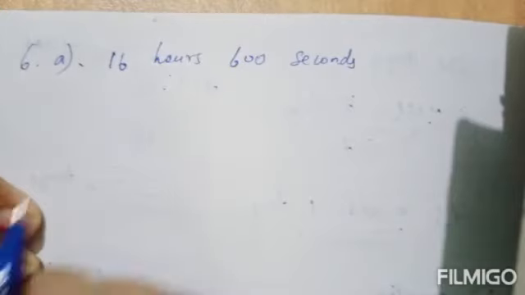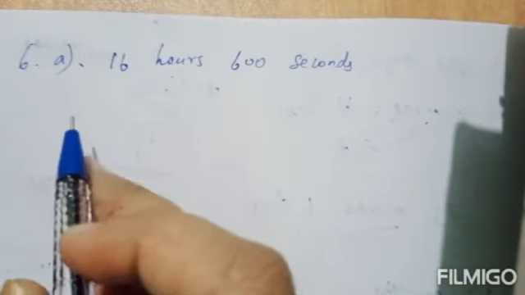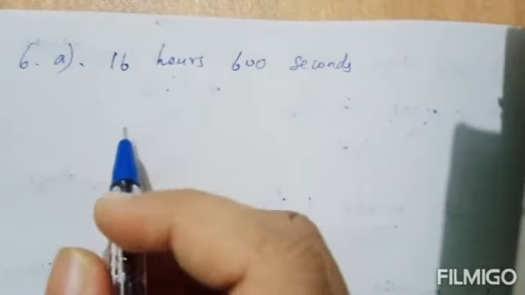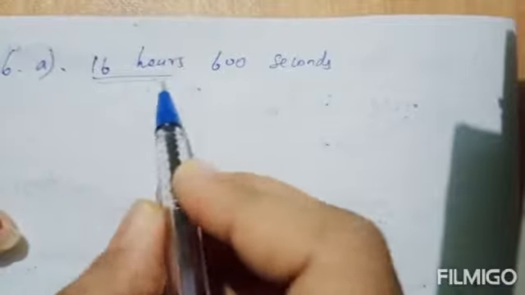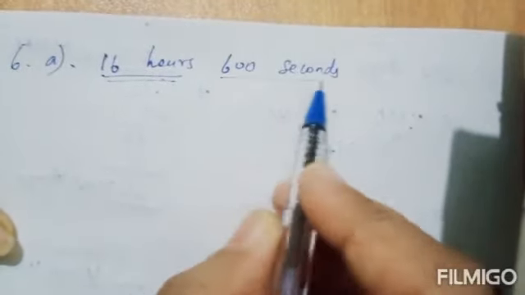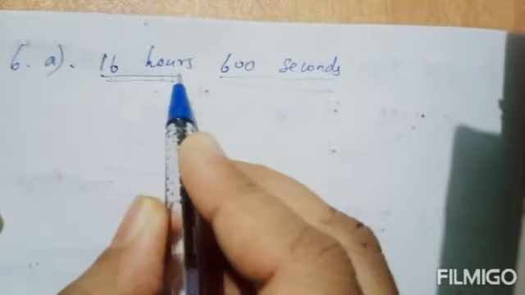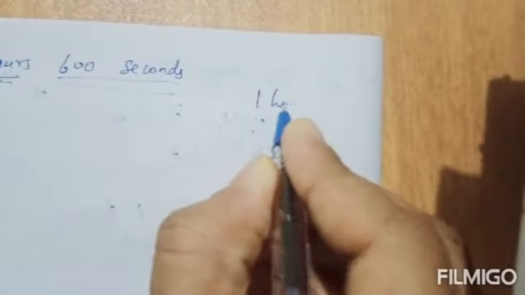Okay. Next is sixth question, convert in part A, 16 hours 600 seconds into minutes. Okay, so 16 hours we have to convert to minutes and 600 seconds also we have to convert to minutes. Now, how can we convert hours to minutes? We know the relation 1 hour equal to 60 minutes.